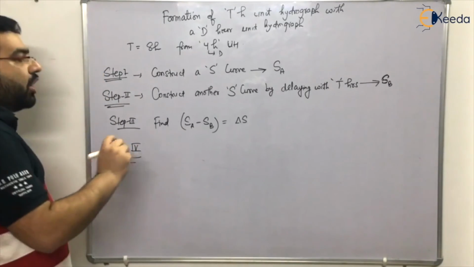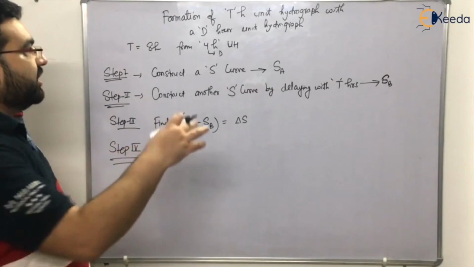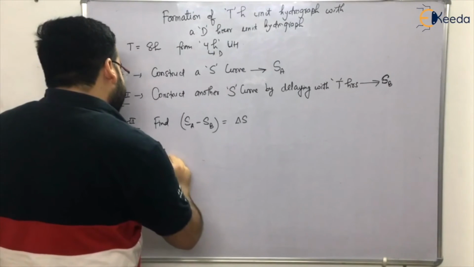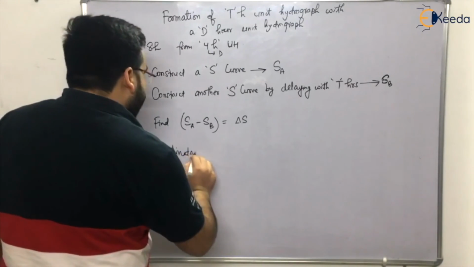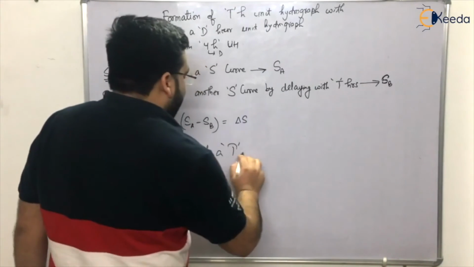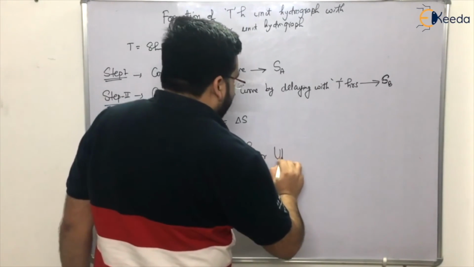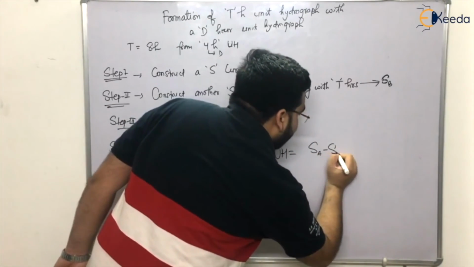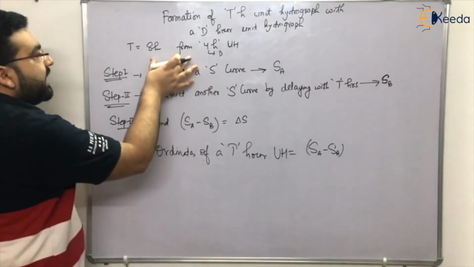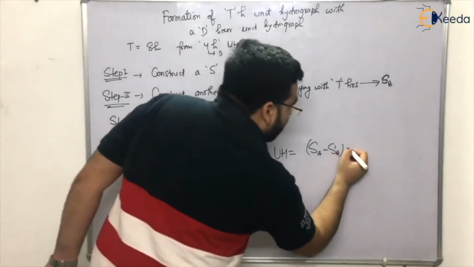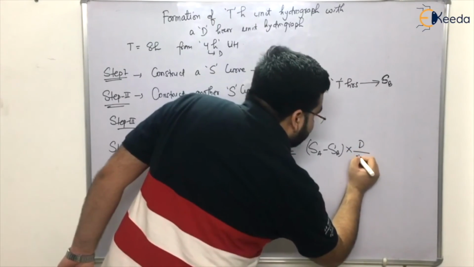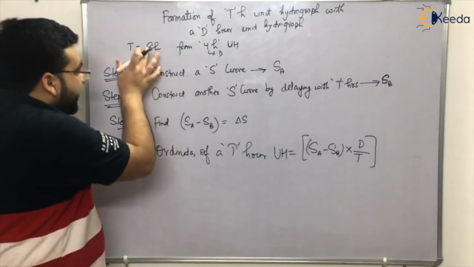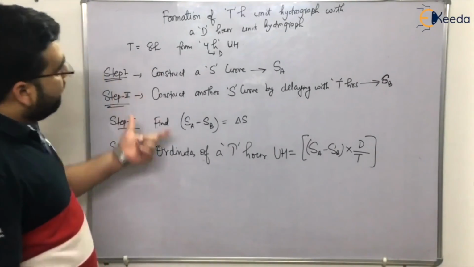If you want to determine the ordinates of a TR unit hydrograph, it will be equal to SA minus SB, multiplied by D divided by T. This is important. D divided by T. So these are the 4 steps to determine a particular curve.